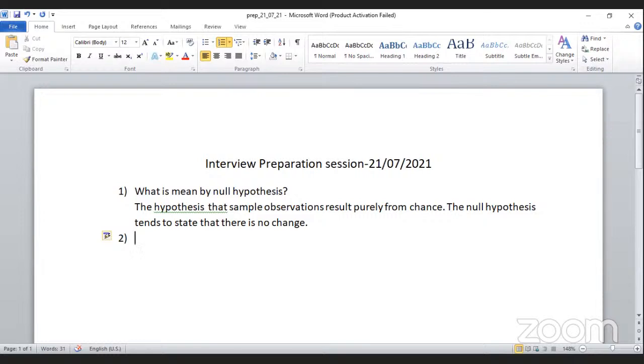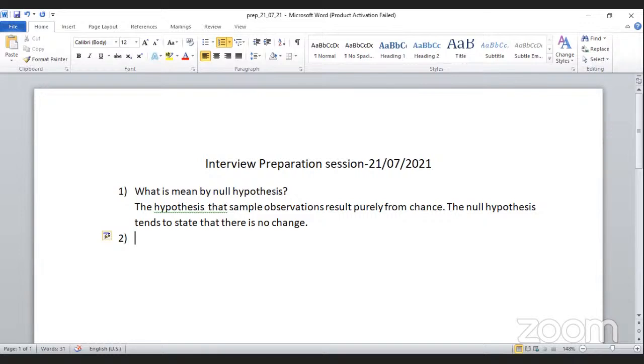That is nothing but your null hypothesis. But if you take a coin which has some bias towards one particular side, by changing the physical appearance of that coin, then that is not a null hypothesis.